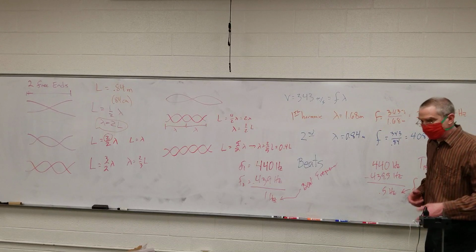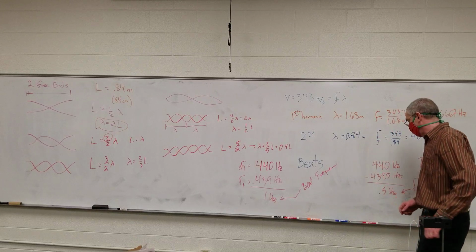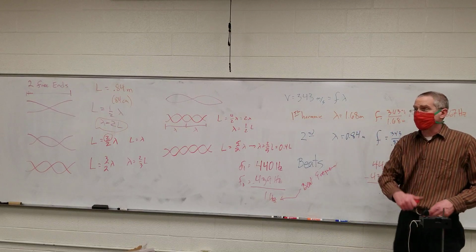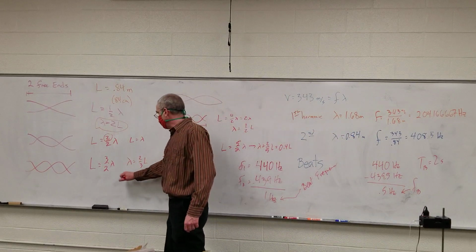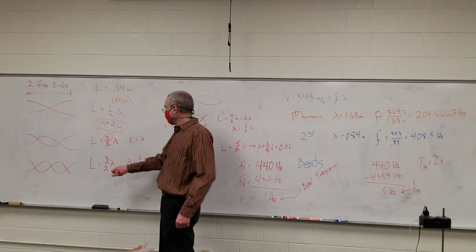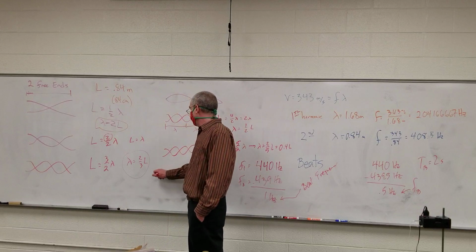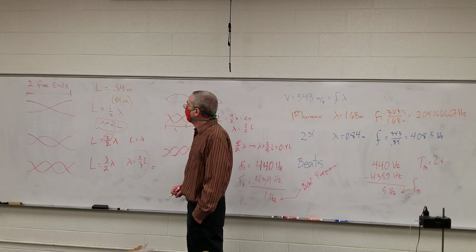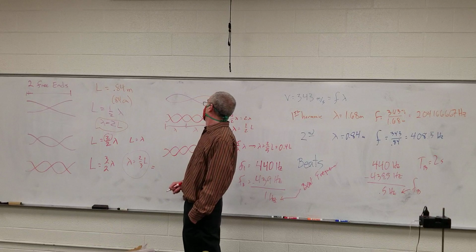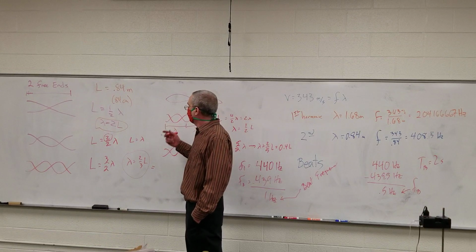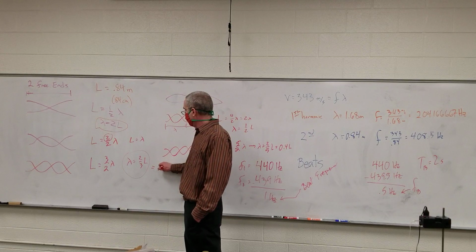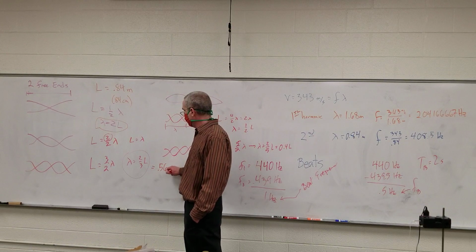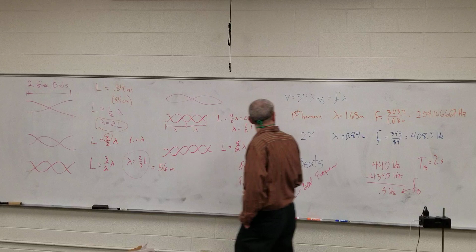But perhaps I can maintain the third harmonic a little bit better. So let's go for our prediction for the third harmonic. Third harmonic down here, wavelength is 2/3 of L. 0.56 meters. Say again? 5.6. 5.6 meters. All right.